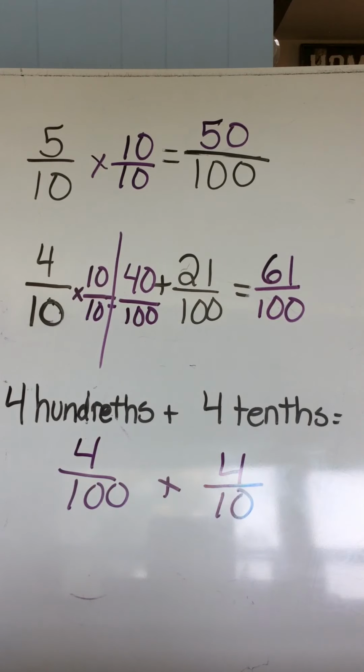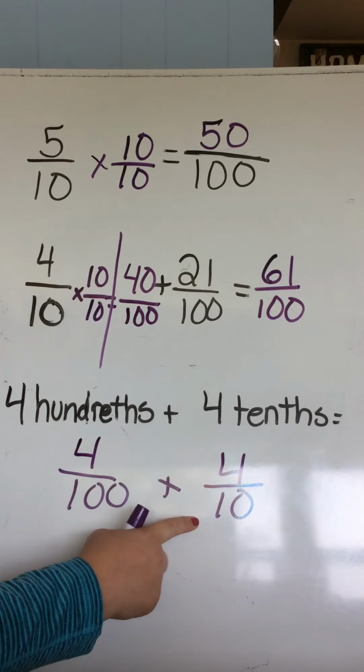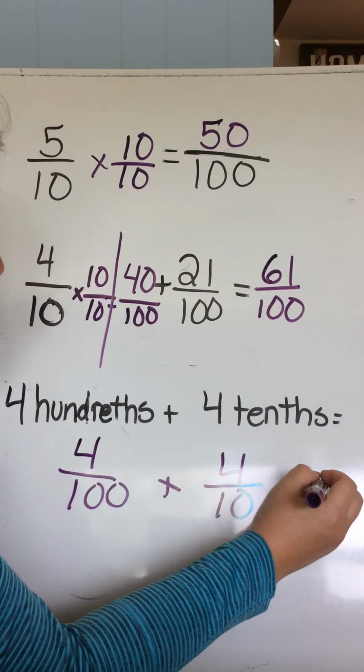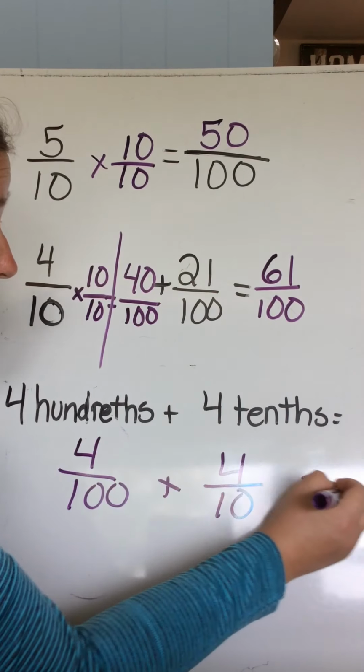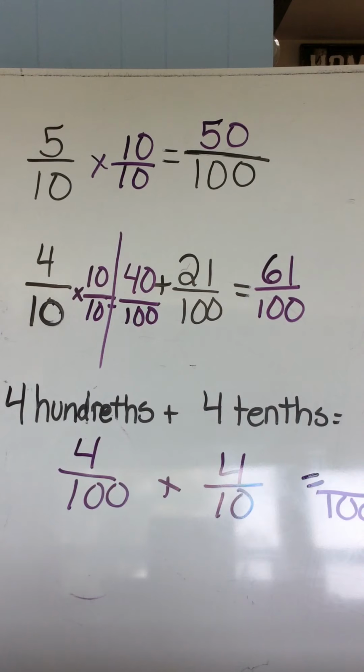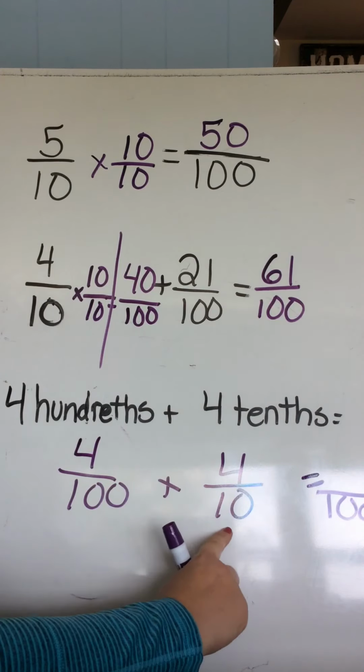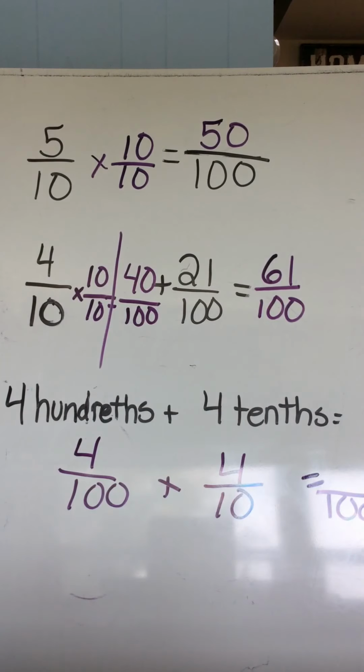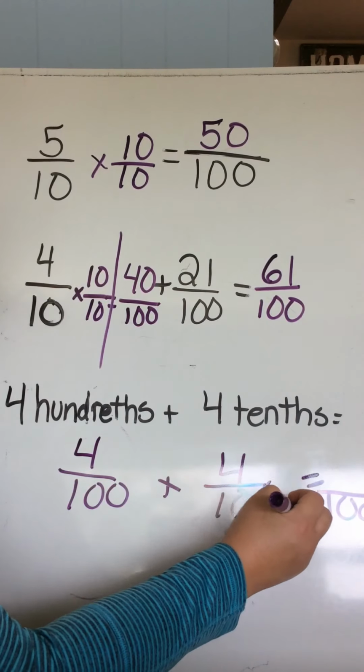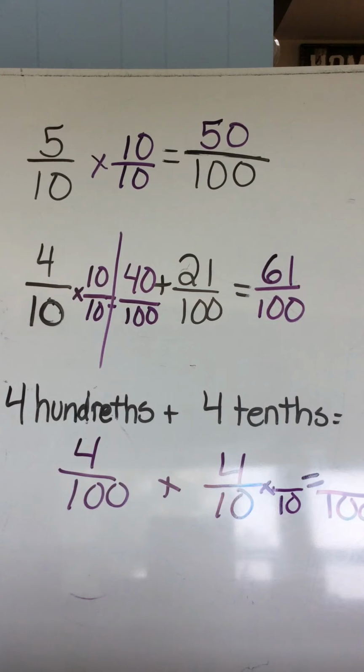I think it's easier for right now to do 4/10 and find an equivalent fraction to where it has 100 as a denominator. So, what can we multiply by 10 to get 100? That's right, 10. All right, what you do to the bottom, you do to the top. What you do to the denominator, you do to the numerator.